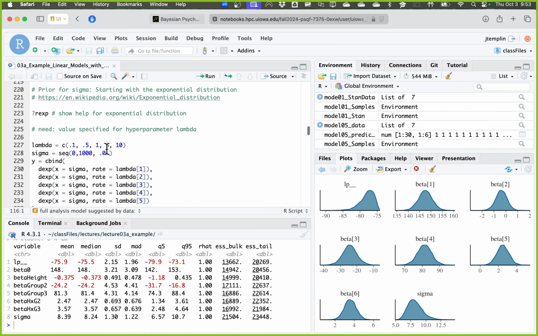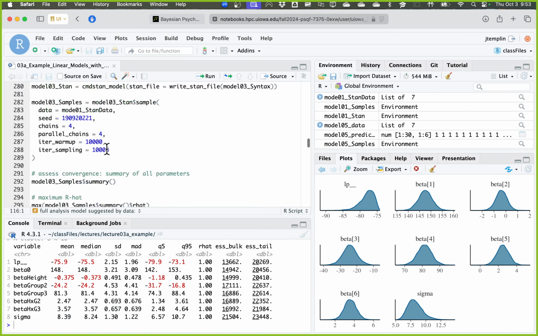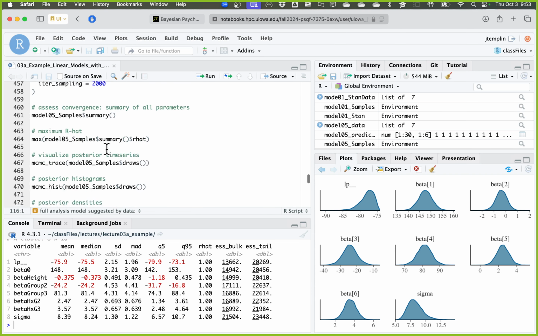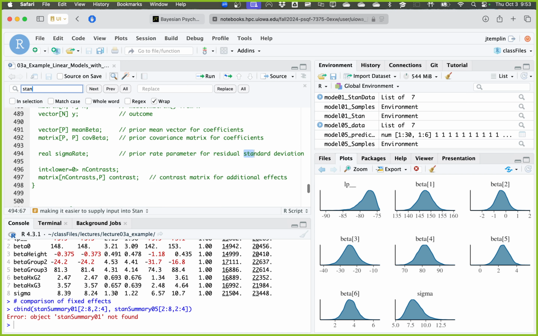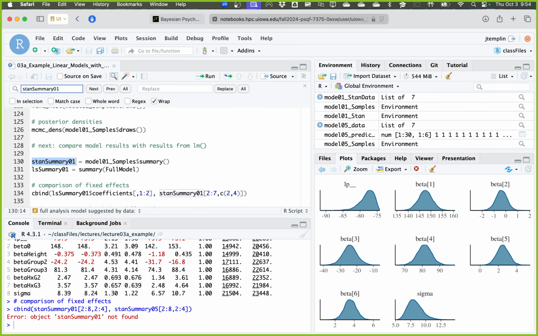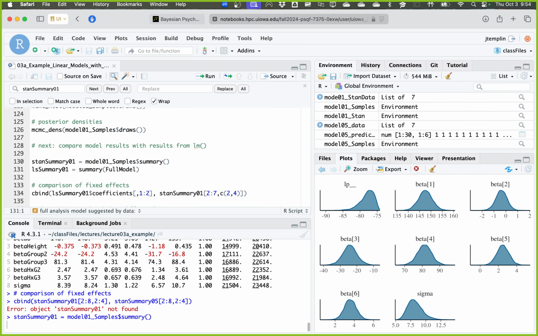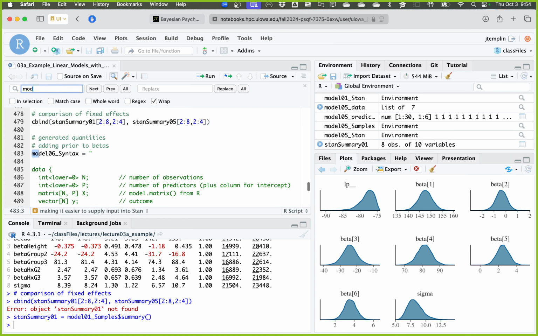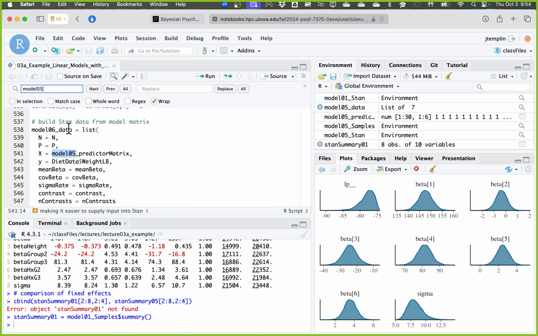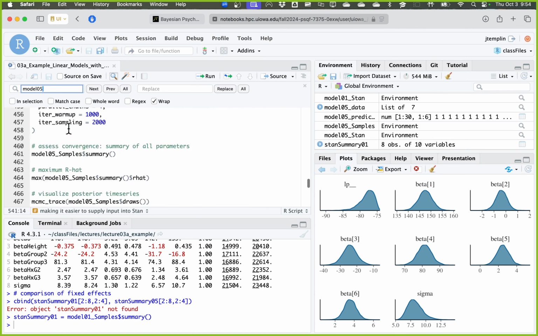Back down to 0.5. There we go. I need to grab my summary real quick.